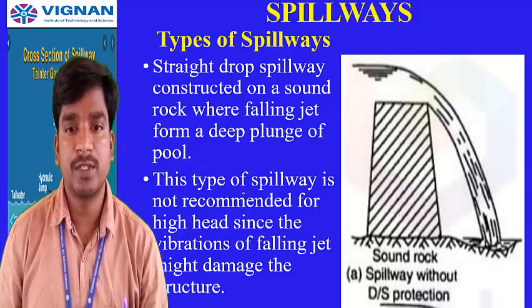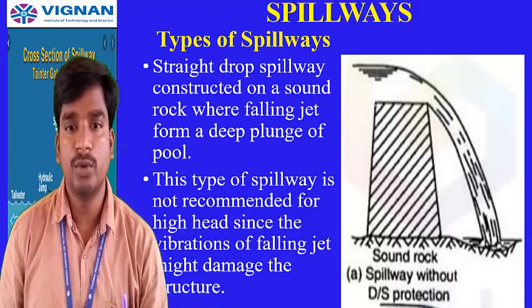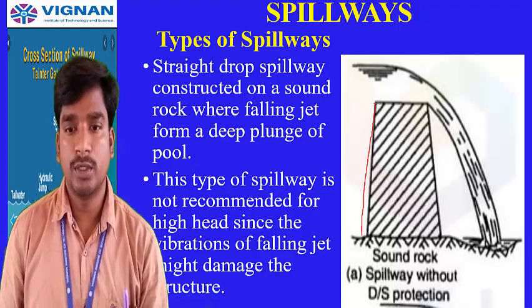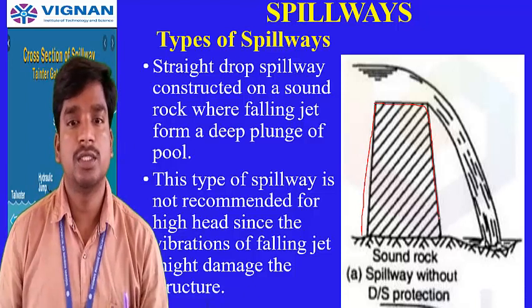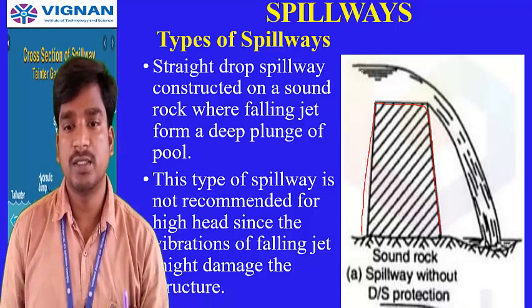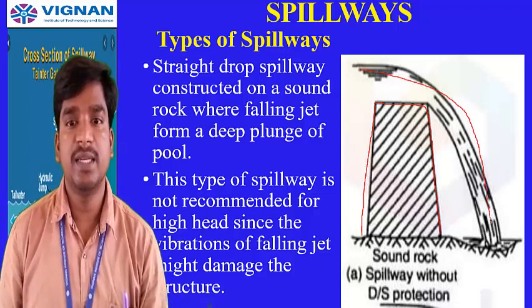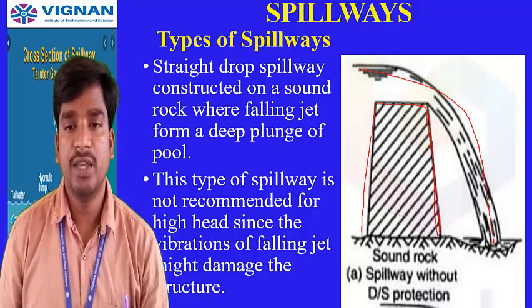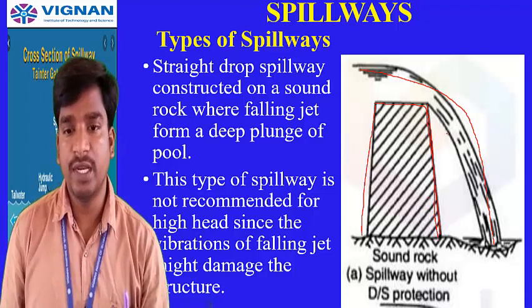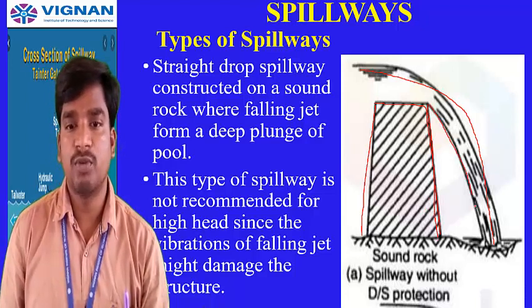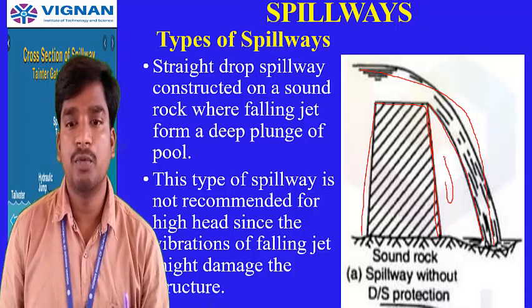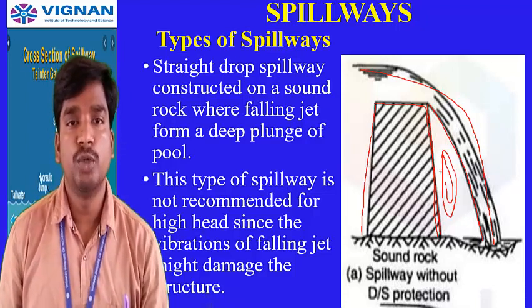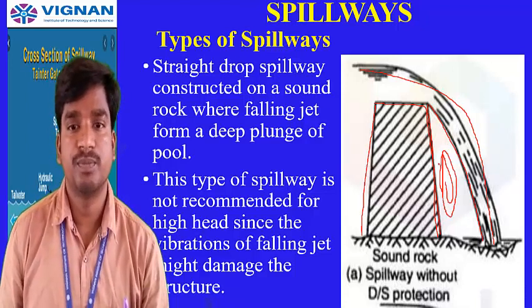The water is flowing over the spillway like this. This one is relatively vertical, not inclined. There is a gap between, and ventilation is provided in this area to maintain atmospheric pressure.